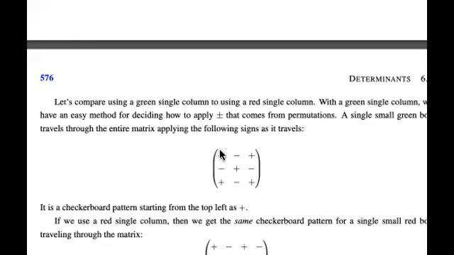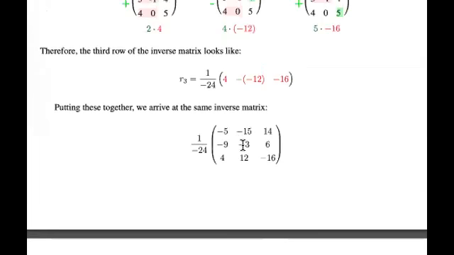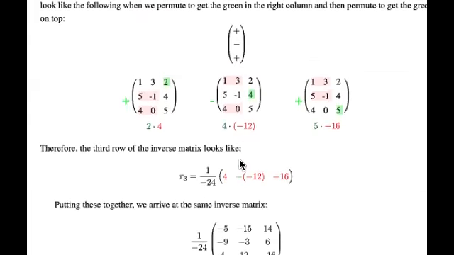If we look at this plus minus right here, that gives us an idea of where to put a plus or a minus. That comes from the permutations involved in deciding on those specific determinants.